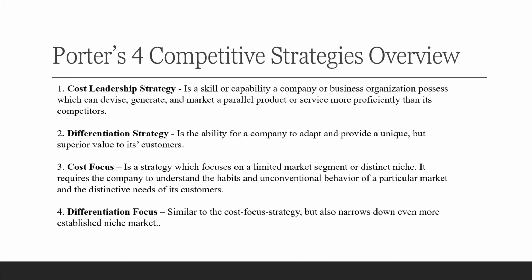So basically the companies are focusing on customers in a particular industry or niche market, looking at their spending habits and what they're buying, and targeting those particular products and services that they can provide the customers in that particular market.